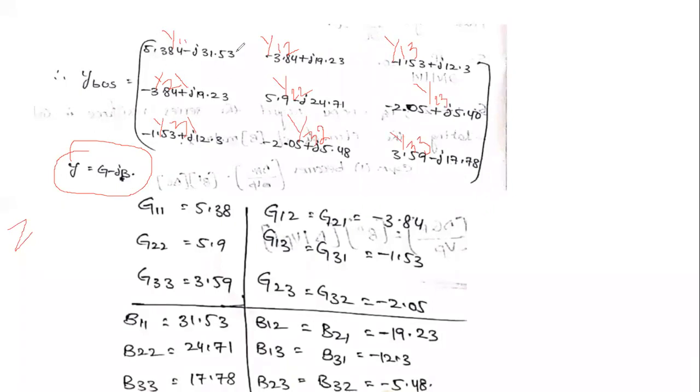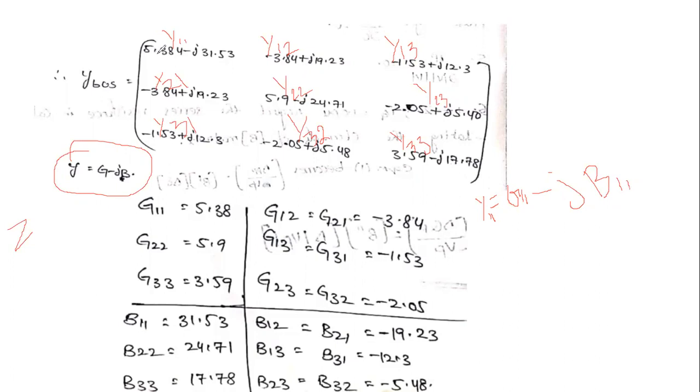This is the value for Y11. Therefore Y11 is equal to G11 minus jB11.